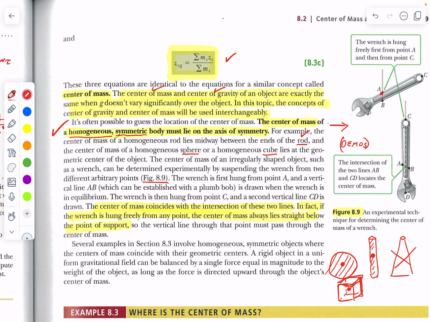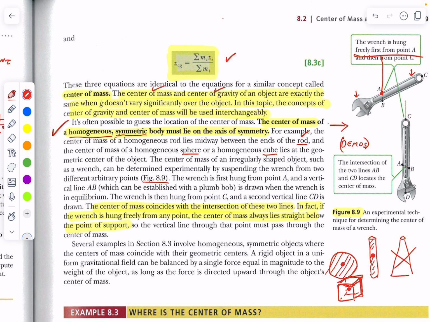For example, we'll pick point A, and let's attach a thread to that so it's dangling from a thread, from some support. And once that wrench is stationary and no longer moving, you can see in this picture the left side has more mass than the right side does, which is why it's angled downward toward the left.